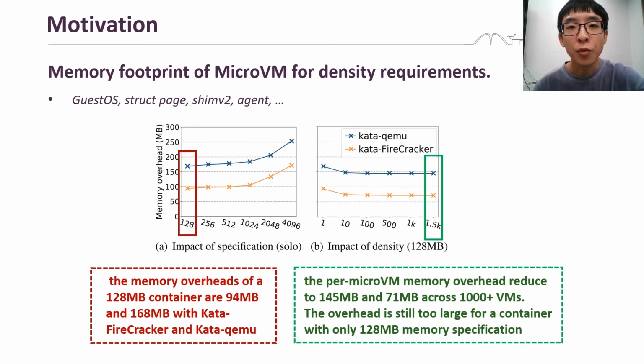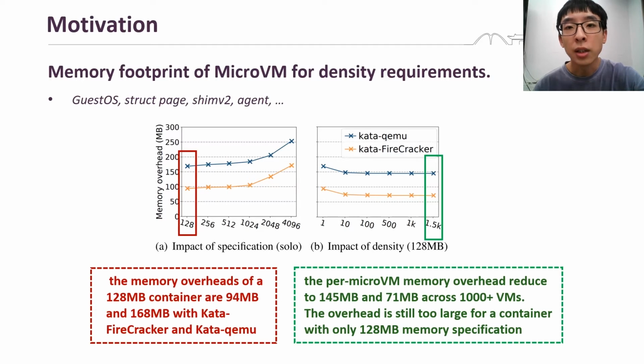The average memory footprint of a single microVM can be reduced by sharing the read-only text segment among multiple microVMs. Mainstream microVMs achieve it by mapping the kernel files to the guest memory directly. The per-microVM memory overhead of Kata-QEMU and Kata-Firecracker reduces.